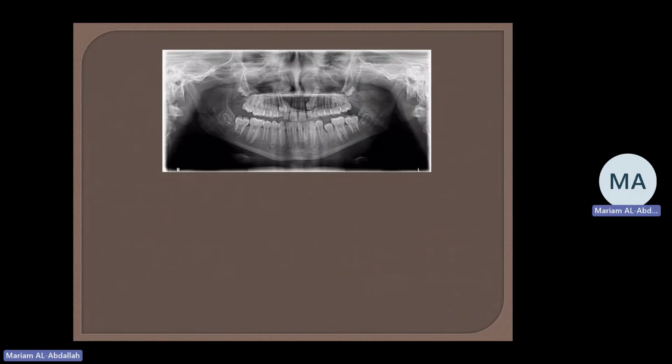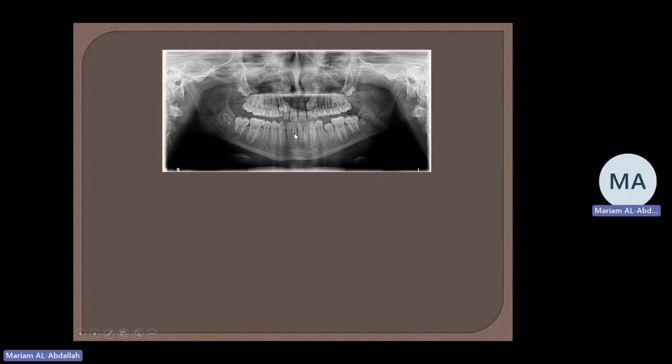So this is a patient who attended our clinic in the late mixed dentition. The upper right canine was almost normal, a little bit shifting distally and overlapping the lateral incisor. The upper left canine was in a more severe position, and it did actually overlap the whole lateral.